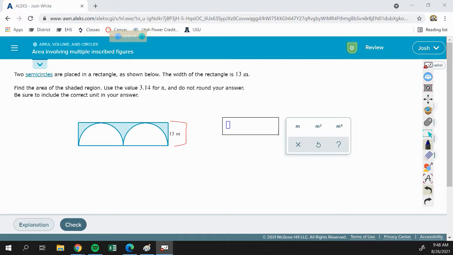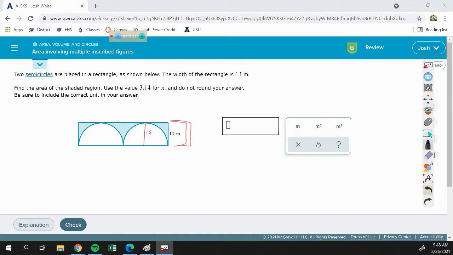They only gave us one length. What would be 26? You're right, something is 26, but what is 26? The diameter of the circle. So 13 is the width of the rectangle, which means that this is 13.